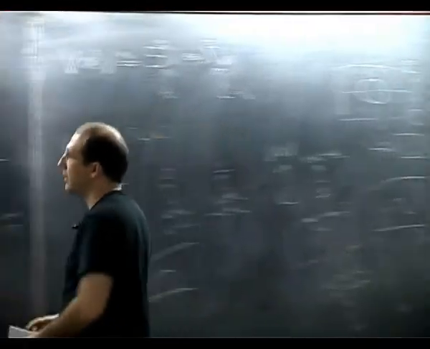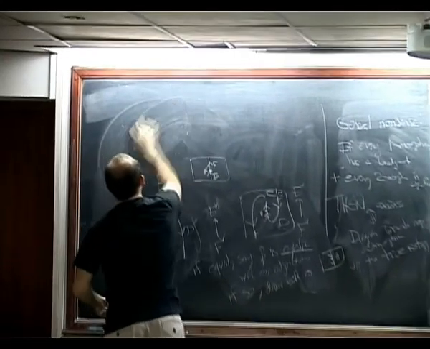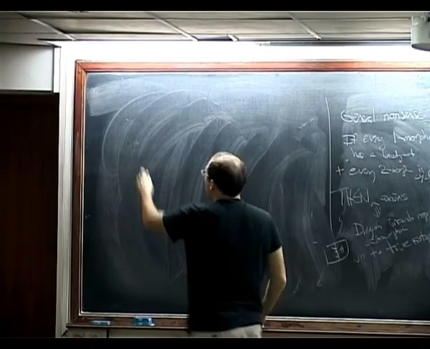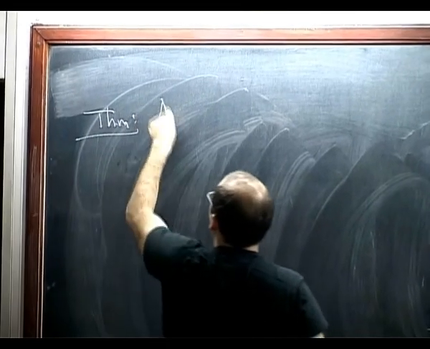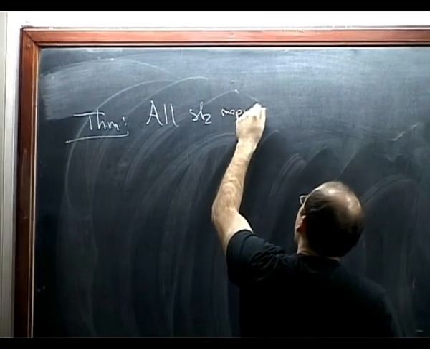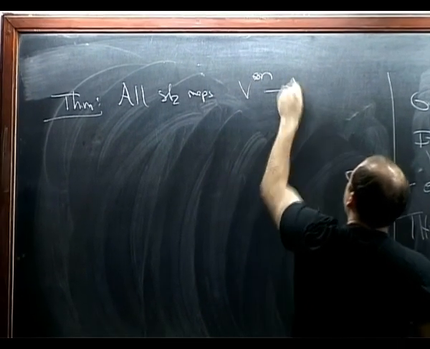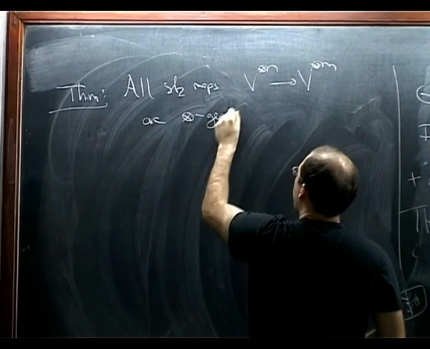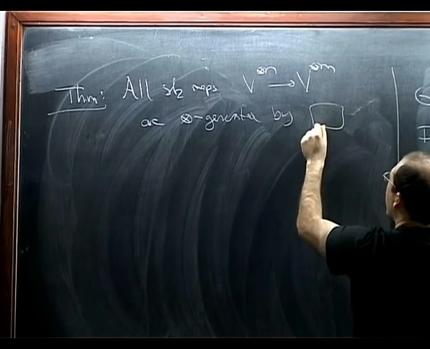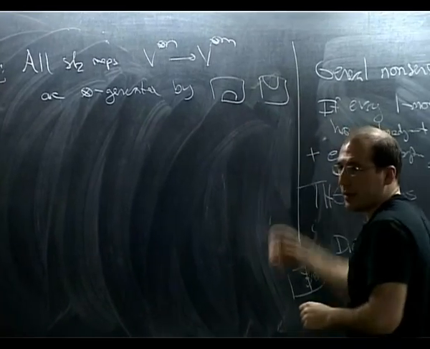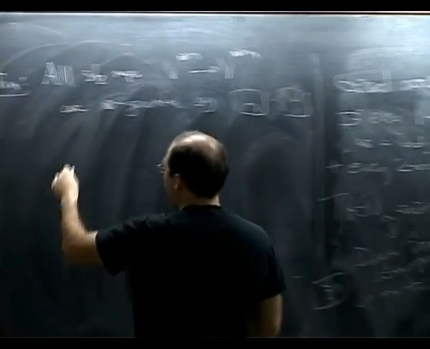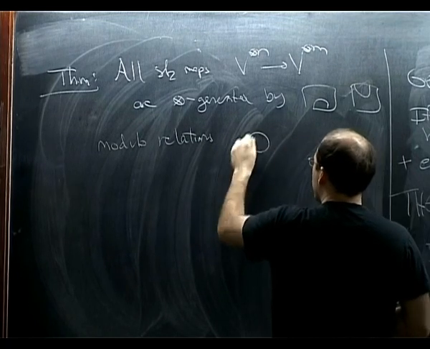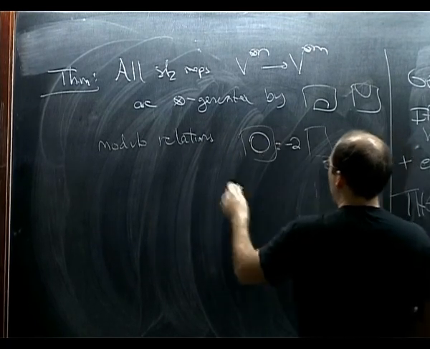So the theorem, I think due to Kauffman, so the theorem is that all SL2 maps between V tensor N to V tensor M are monoidally generated, so generated diagrammatically by the cup, the cap and the crossing, modulo the relations that a circle is -2 and that you have isotopy.